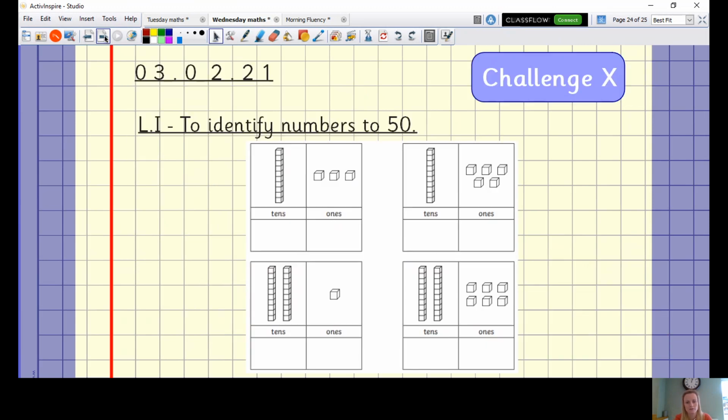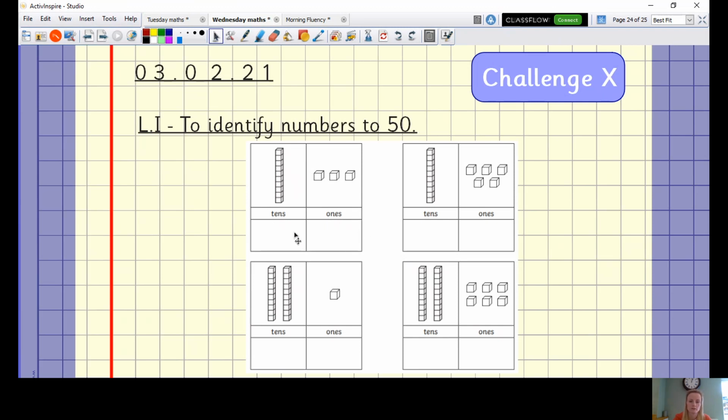Okay, well done for completing all of those. I know there were lots to do. Hopefully you found it quite fun getting your resources out, doing a bit less writing today. If you wanted to give yourself a further challenge or do a bit more writing, you could represent these numbers and write them underneath in the square.